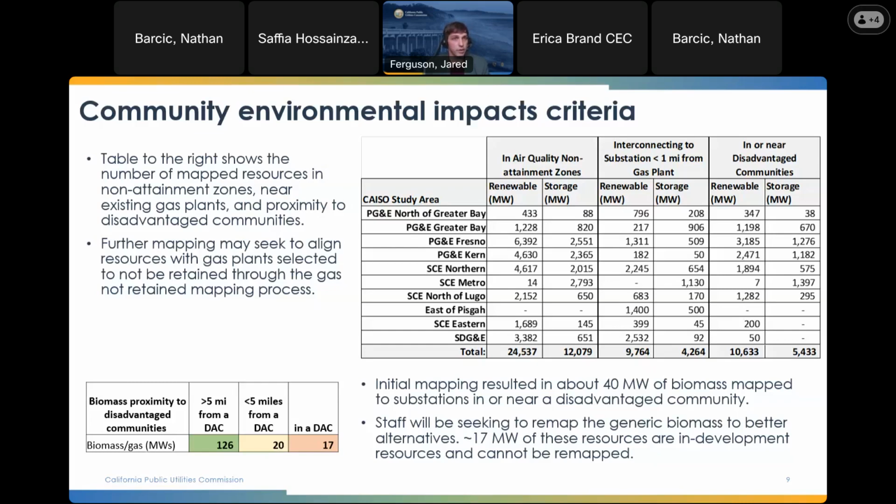So we are looking to see if we can remap at least the generic portion of that biomass to substations that are not in disadvantaged communities. I'll note that about 17 megawatts of those resources are in development resources, so those cannot be moved. Next slide.